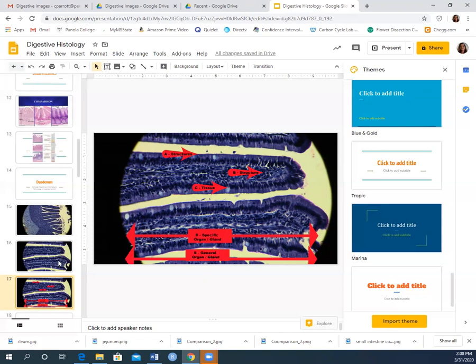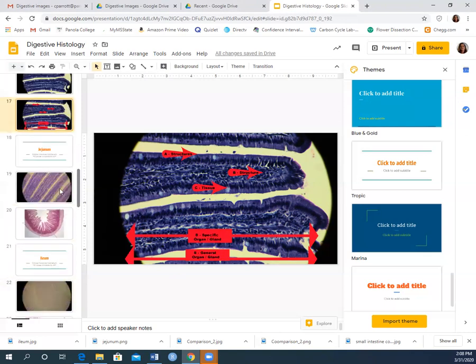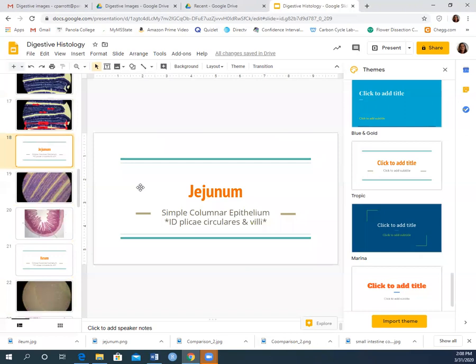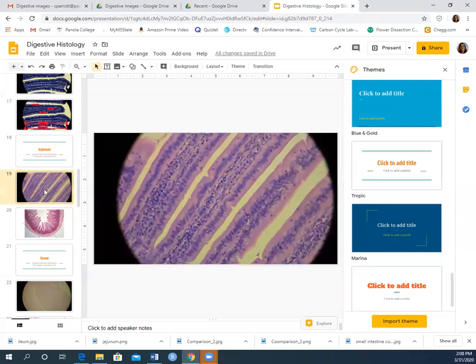Okay. So now let's go down to the jejunum. So the jejunum is that second segment of small intestines. And here it is also made of simple columnar. And you need to be able to identify the plica circularis and the villi as well.